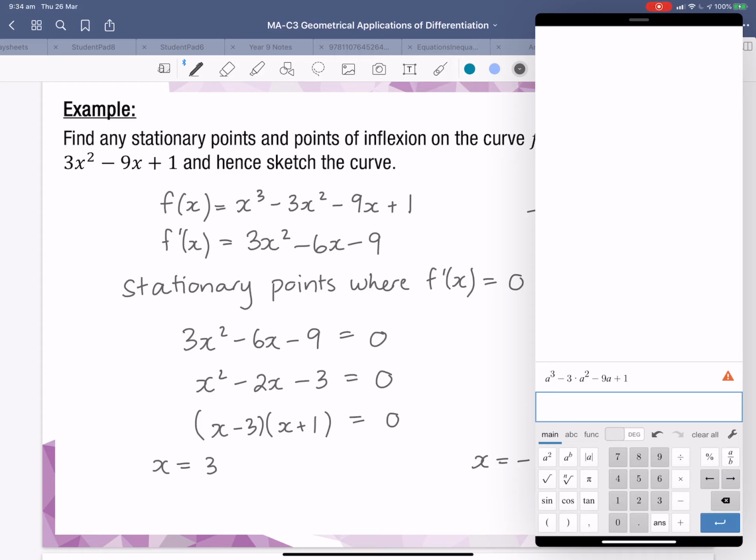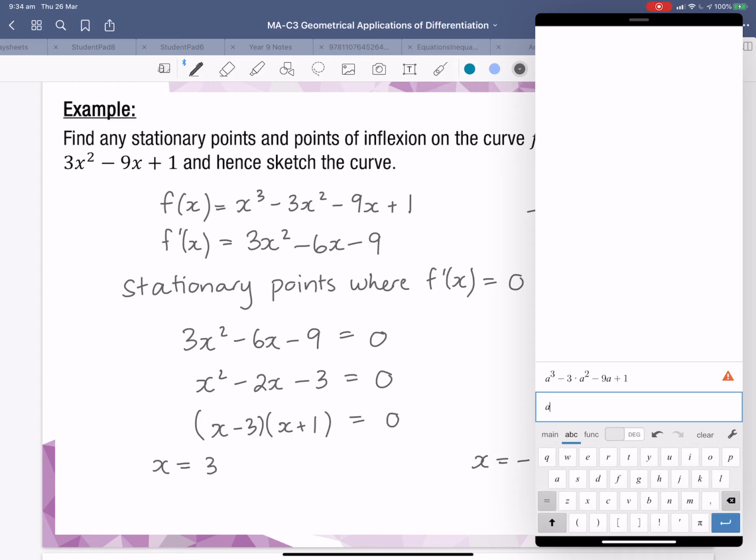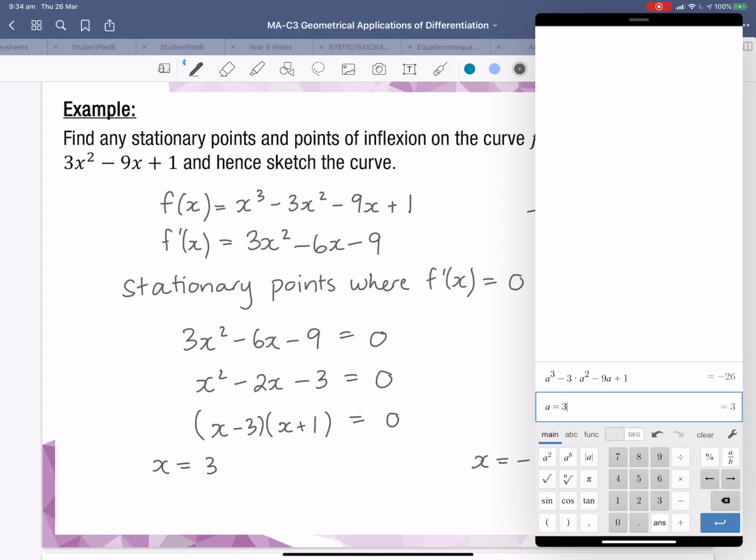So now I'm going to assign a value. I'm going to say a equals 3. And when a equals 3, the value of my function is negative 26. So that's our possible turning point.